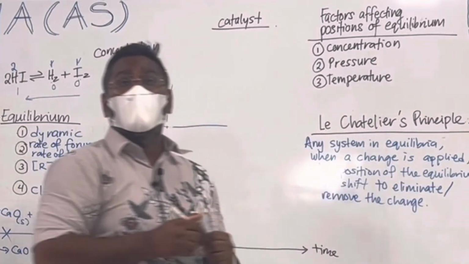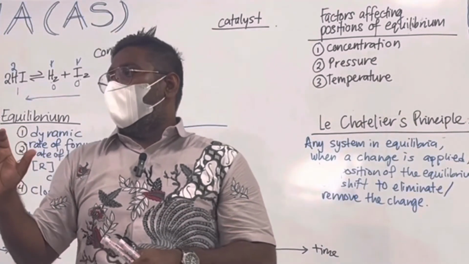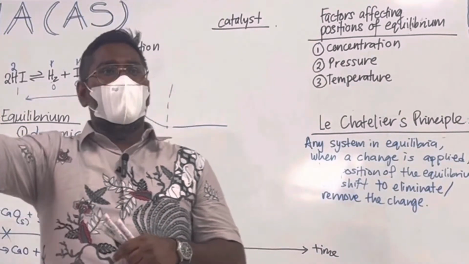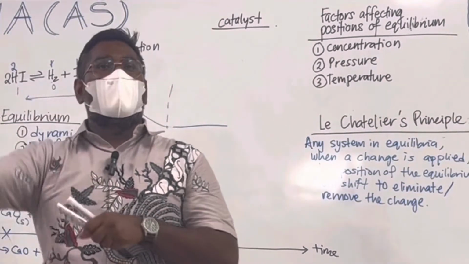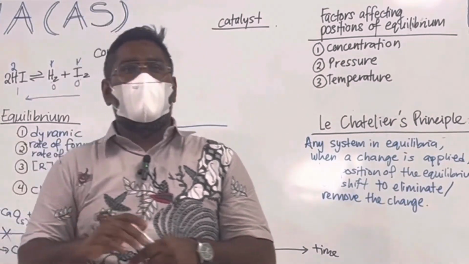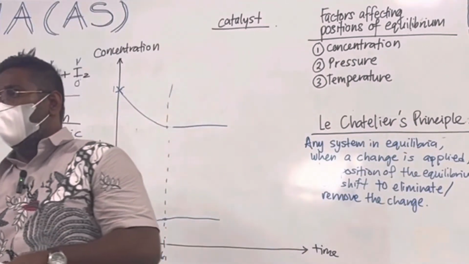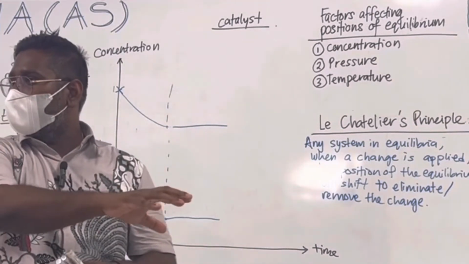I'll give you a simple example. Let's say we have Rico sitting over there. This is already equilibrium. The group is already stable. They already took time to get to know each other and so on. Suddenly, I am going to remove Rico and put him into another group.